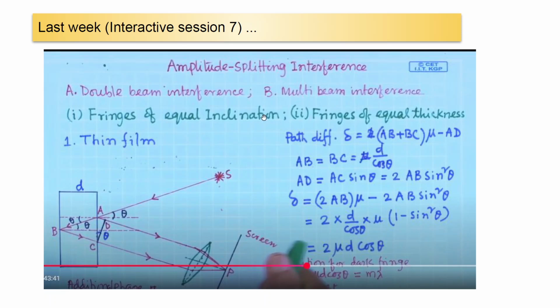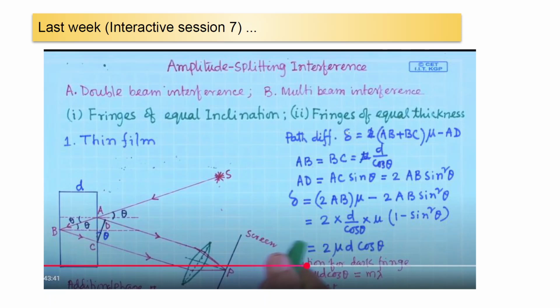So for the path difference, as you can see, this SA path is a common path, both lights will travel it, and C to P and D to P are also the same. The extra path that the other light travels is AB plus BC minus AD.